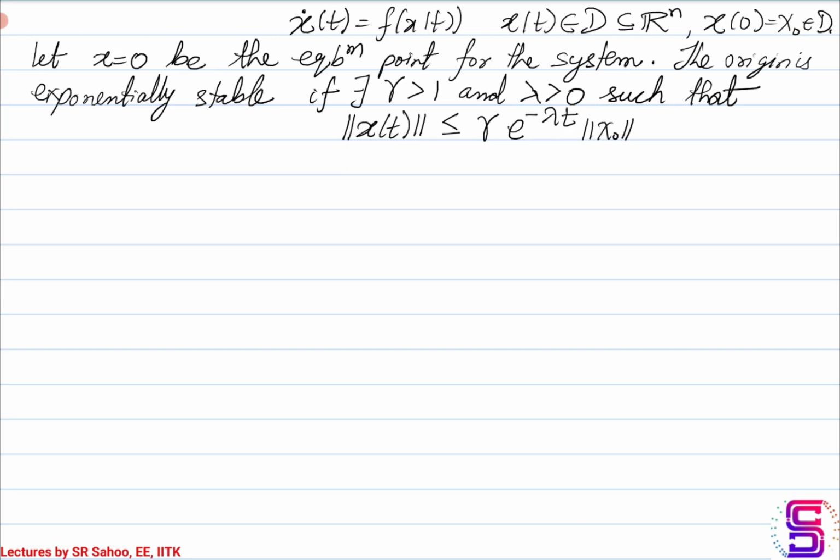Here this lambda is essentially the exponential rate at which you will converge towards the equilibrium point.